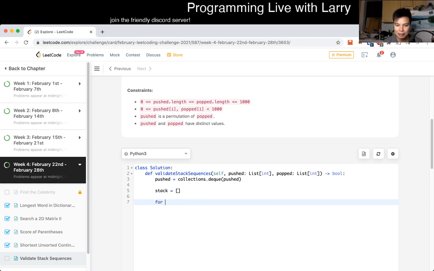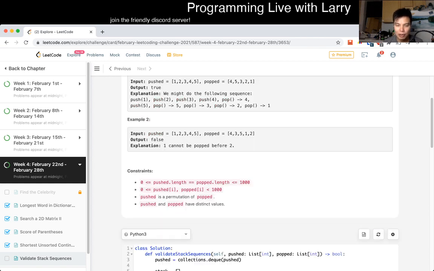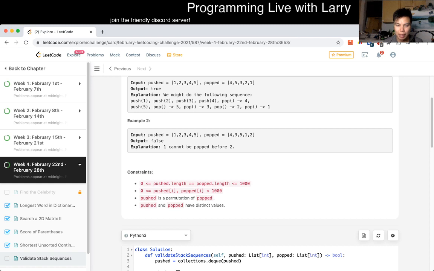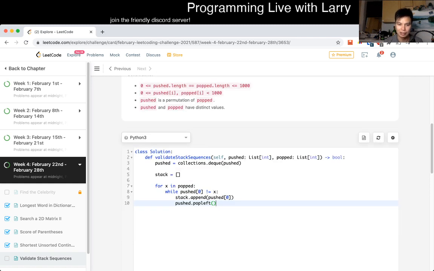For x in popped, we want to get from pushed while we can, right? While pushed of 0 is not x, we append pushed of 0, and then pushed dot popleft, right? So we keep on going until this is true, and also the length of the stack is greater than 0.